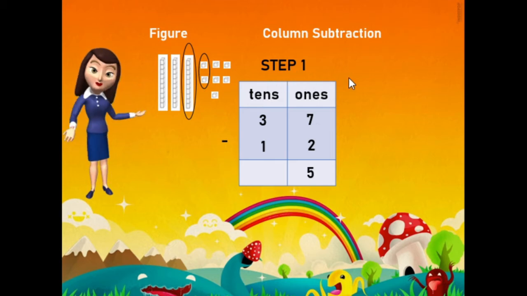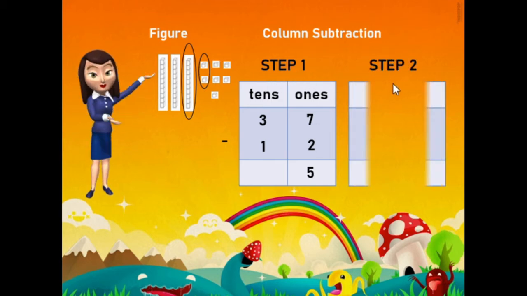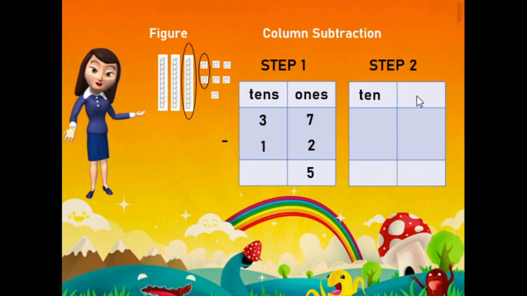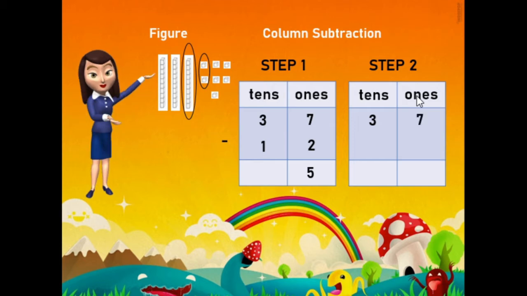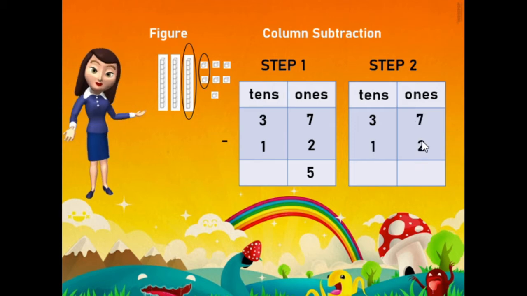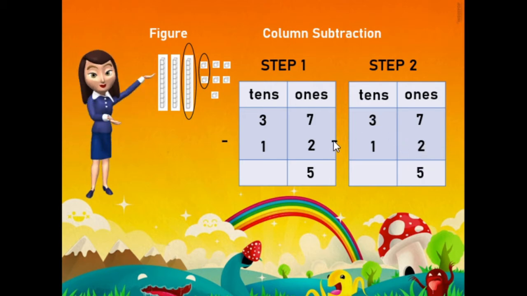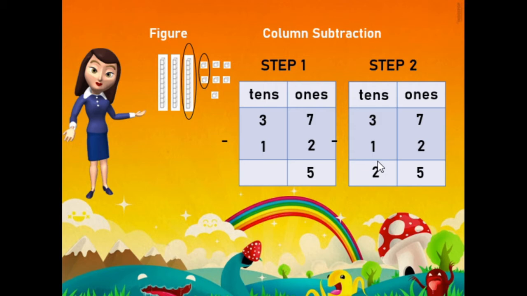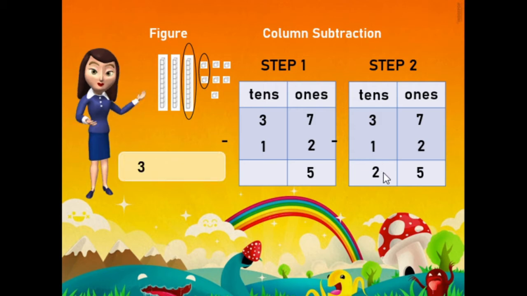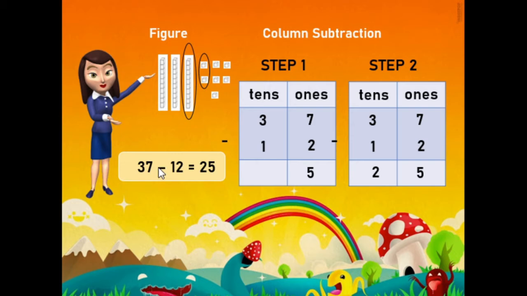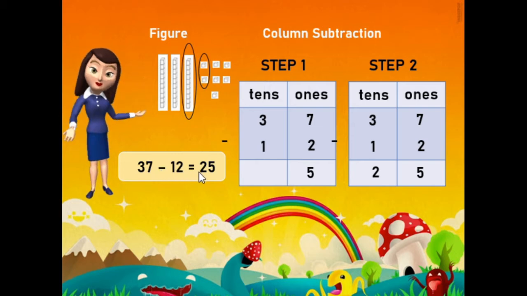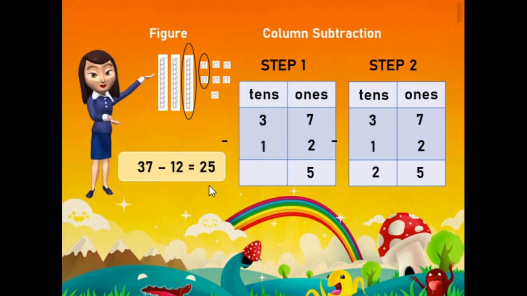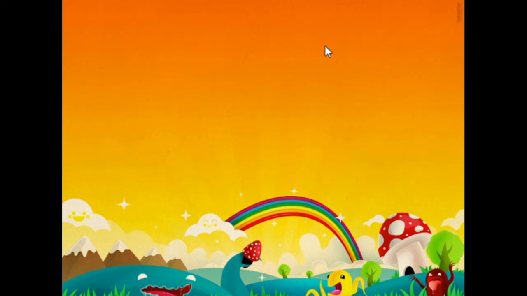And step 2 is to subtract the numbers in the tens place also. 3 minus 1 equals 2. So 37 minus 12 equals 25. This is the answer, both using the figure and using column subtraction.